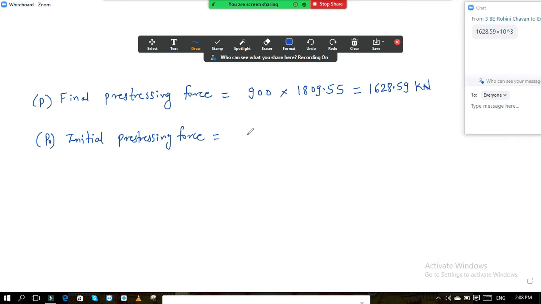So it will be 20% more than whatever value we got over here right now. So here we can write 1628.59 plus 20% of 1628.59. We are considering 20% losses.